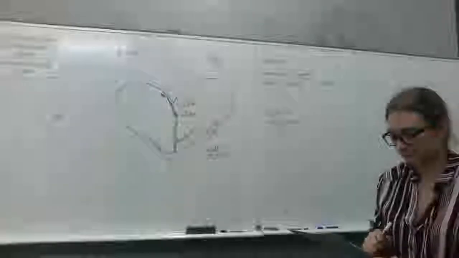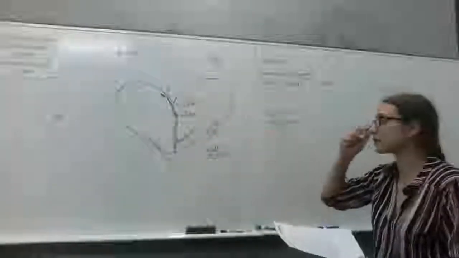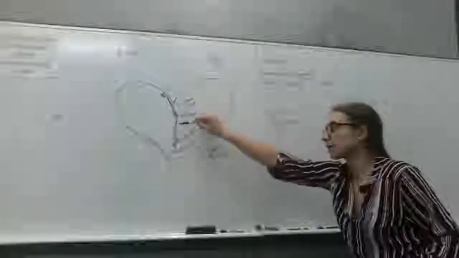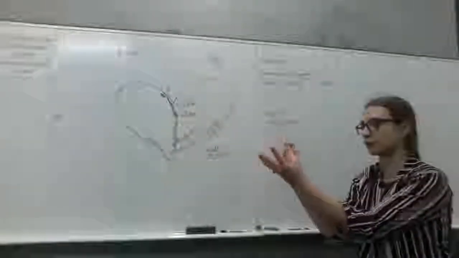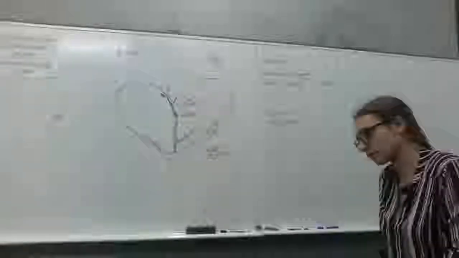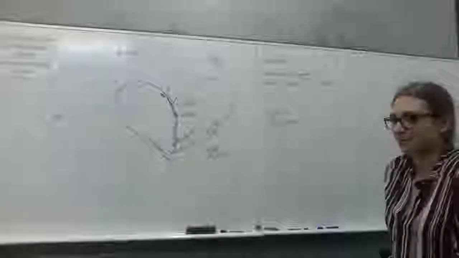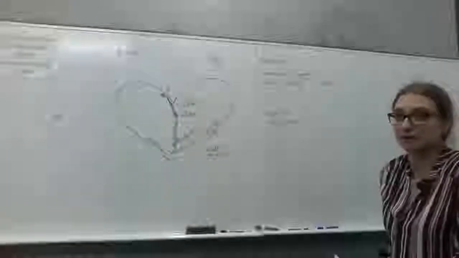So that's pretty much how the electricity runs through the heart. It starts at the SA node and comes down, and then it causes the ventricles to contract. Why are the ventricles contracting? They have to pump blood.